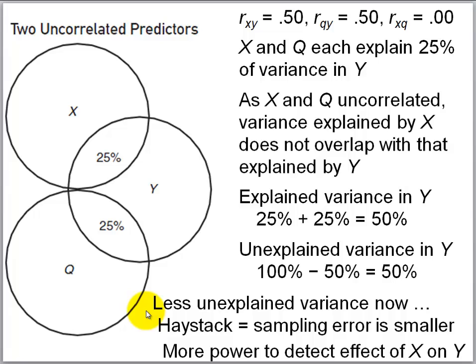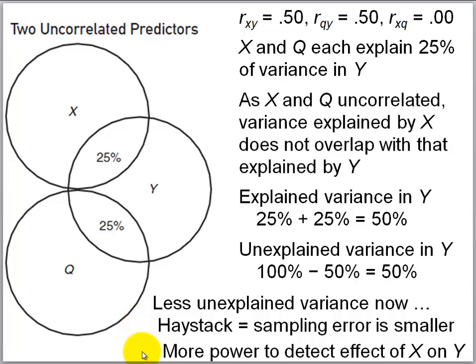Whenever you're explaining variance, the unexplained variance is getting smaller. The unexplained variance is much the same thing as your sampling error. So as you explain more and more variance, your sampling error is getting smaller. And we had an analogy earlier to the haystack. So as you explain more and more variance, your haystack is getting smaller.